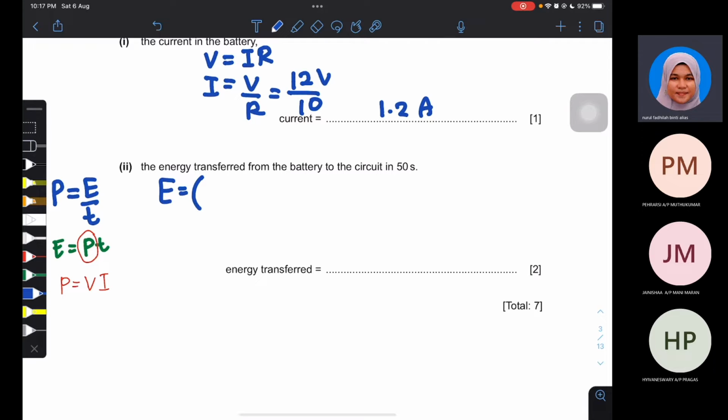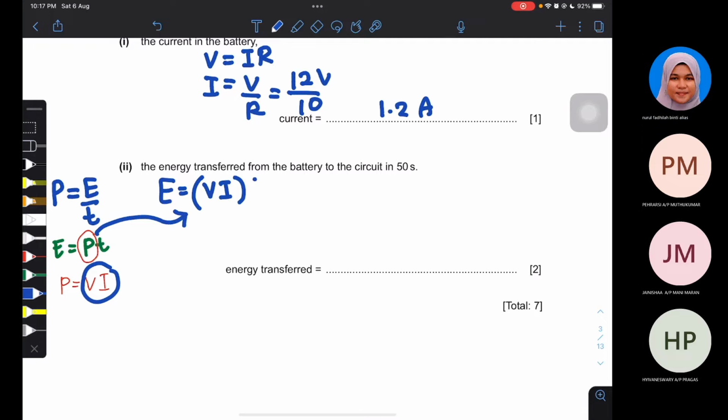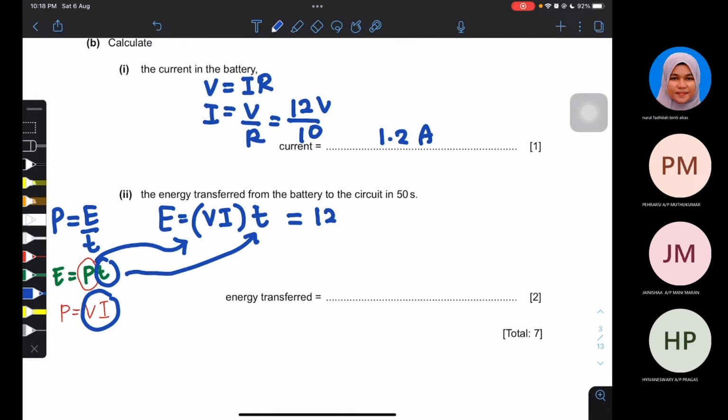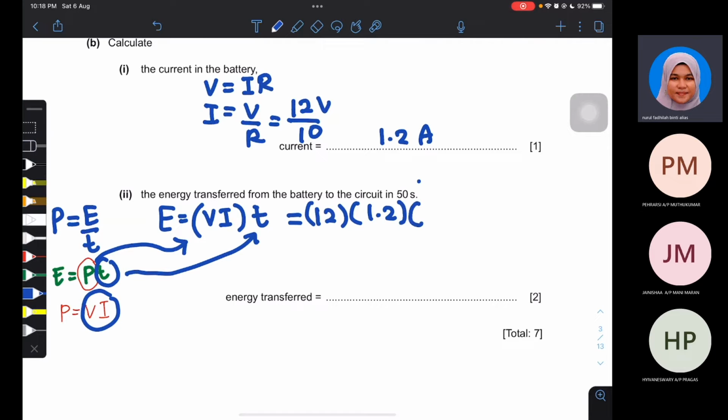P tu kita gantikan. Sepatutnya P. Tapi kita gantikan P dengan VI. V times I. And then sini T kan? So, T. Nampak tak? So, what's the V? Do you know V? 12. Do you know the current? 1.2. Do you know the time? Time must be in second. So, ini okey lah sebab it's already in second.